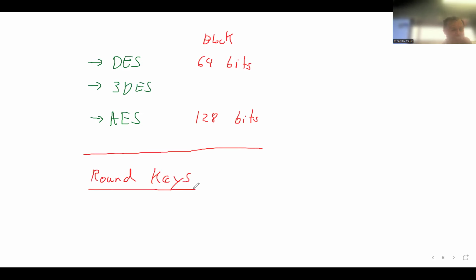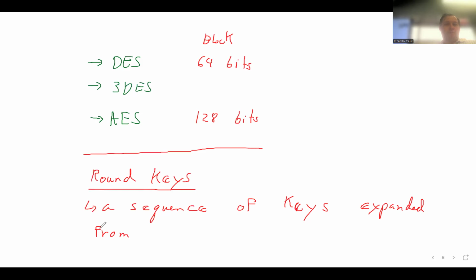Round keys are a sequence of keys expanded from the original key, such as by a PRG.